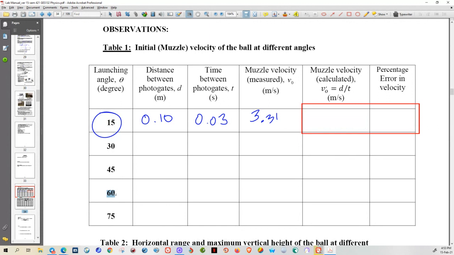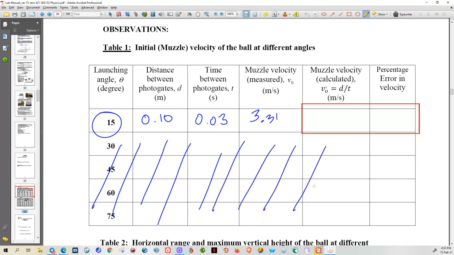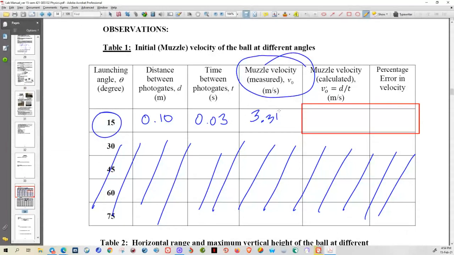How do you calculate error? I will show you later how to calculate error. But anyhow, the important part here, Shabab, is actually not to waste the time in table 1. Okay? So we will cancel all of this. It's not useful for us. Why? Because the muzzle velocity of our launcher will remain the same or almost the same, affected only by friction.